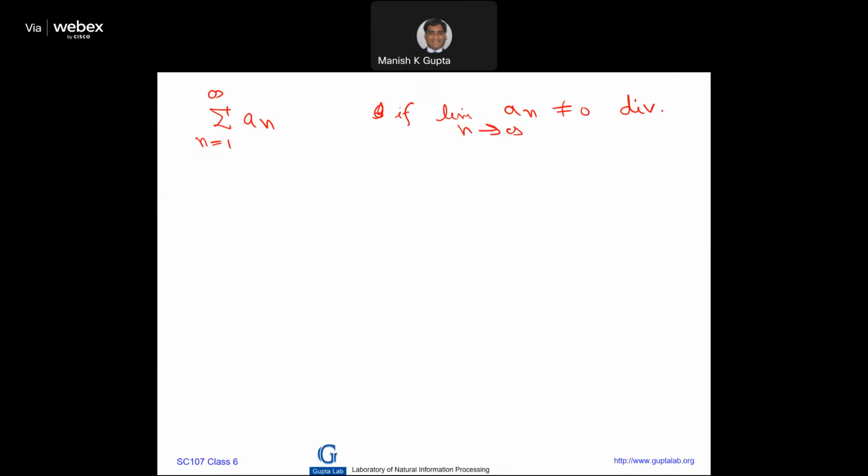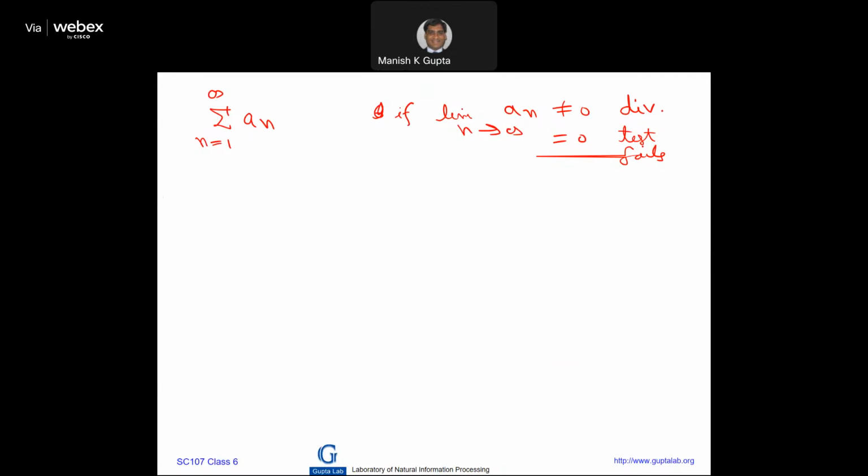And if it is 0, the test fails. So this is the first test. You can check whether the series is divergent or not if the limit of the nth term is non-zero.